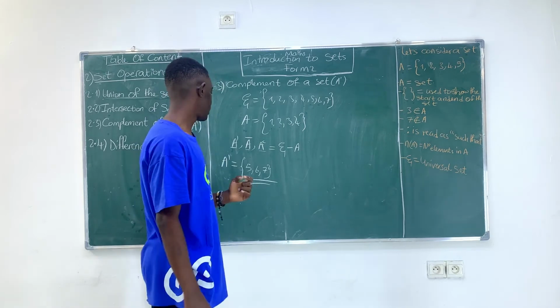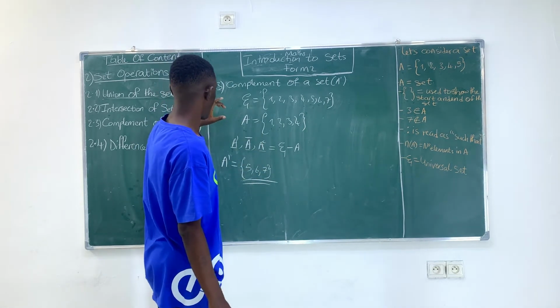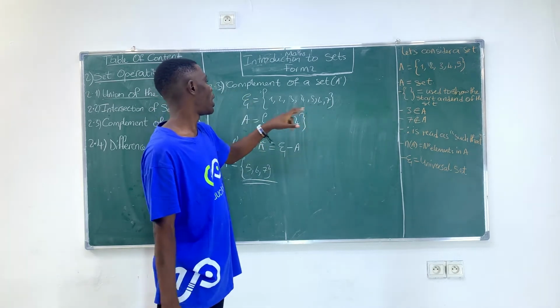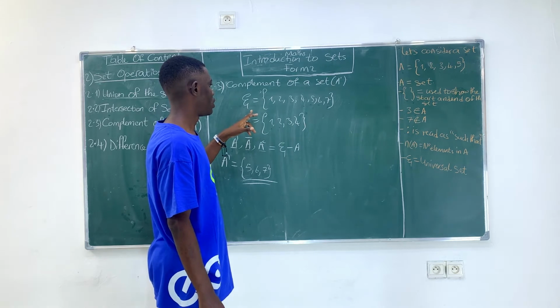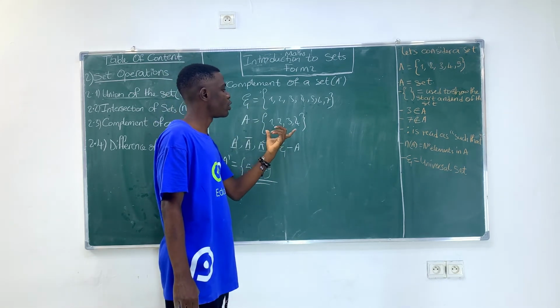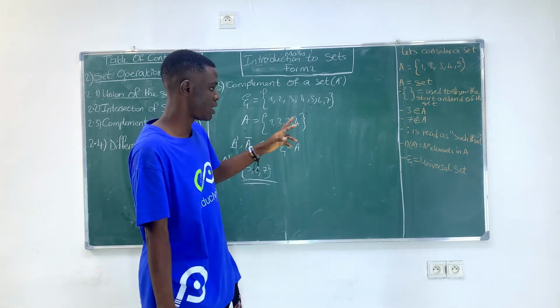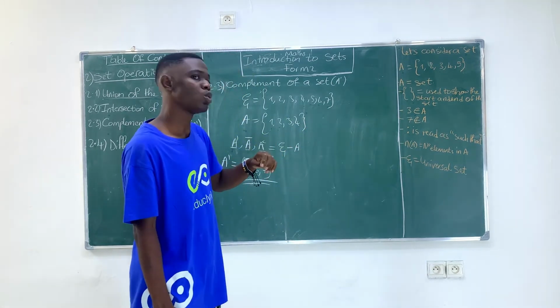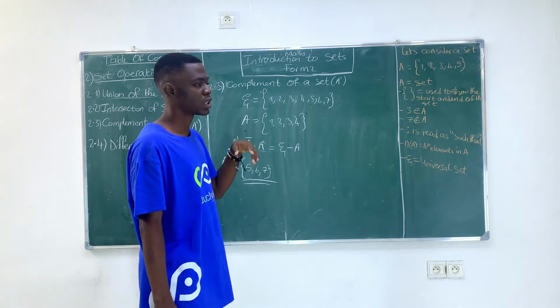So you will see now that A complement is the values of the universal set, zeta I mean, which are not found in A, where zeta is your universal set. So you always look for the universal set and remove A from it. So you subtract A from it.